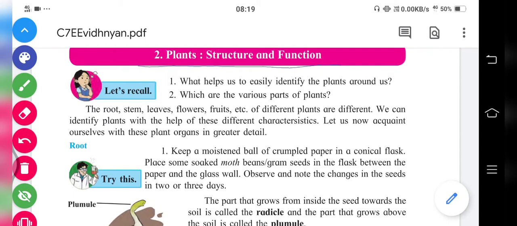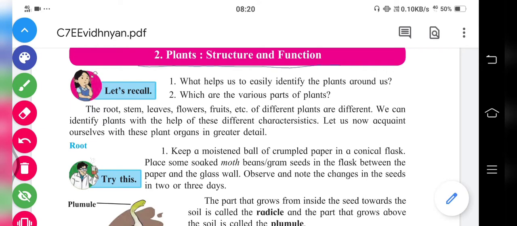You have already seen different types of plants, and you only see the upper part of the plant, the part above ground level. That is the stem, leaf, bud, flower and fruit.